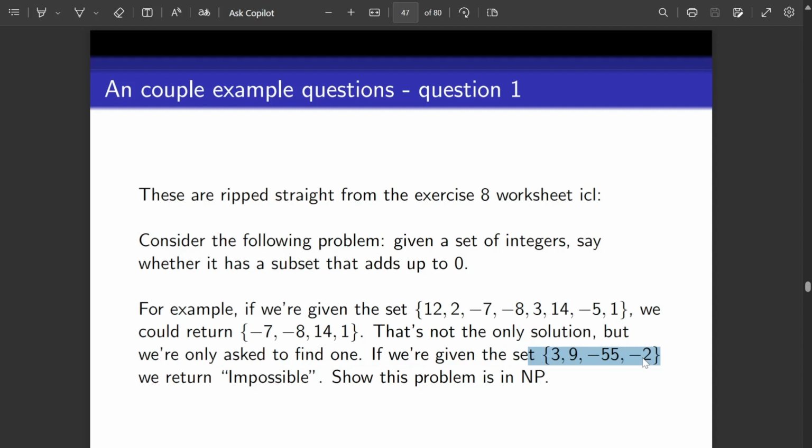But this word would be unaccepted because it doesn't have a subset that adds up to 0. So a certificate is just proof. It's like this set is a subset of this set, and it also adds up to 0. So it's proof that this word is acceptable to that property. Yeah. Okay, cool.